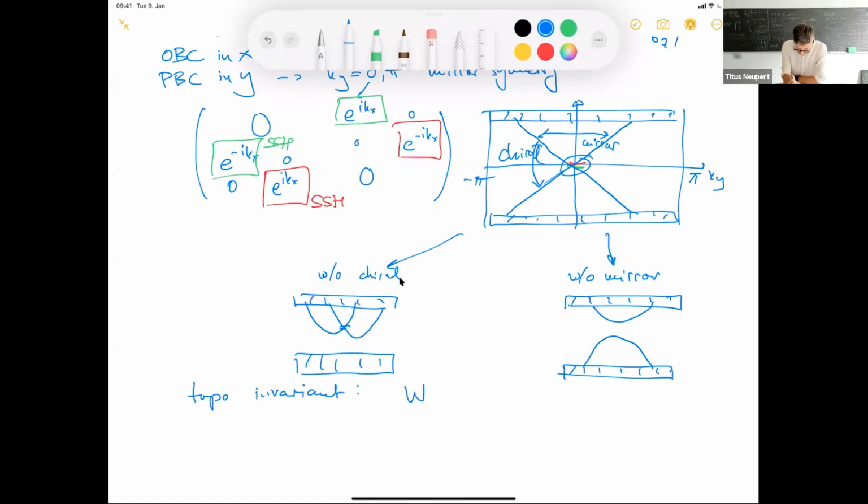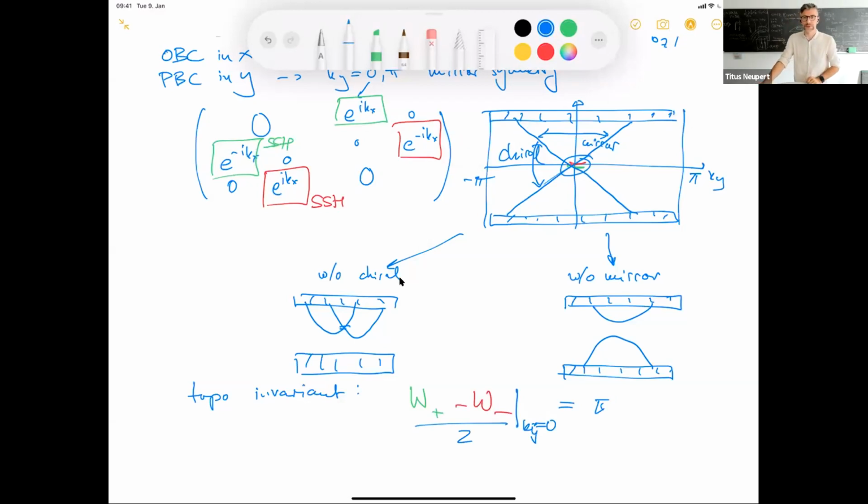So w plus minus w minus, all at ky equal to 0. And this thing is going to be pi. So they wind non-trivially, but in opposite directions.